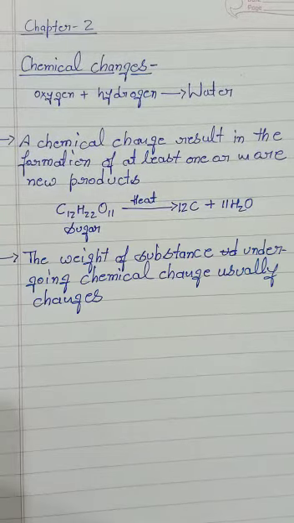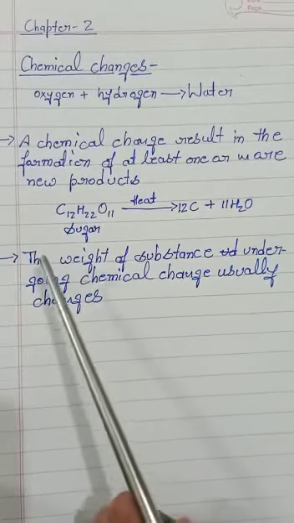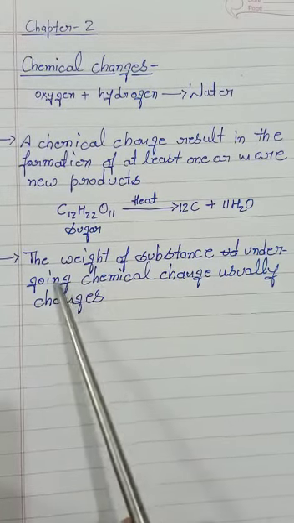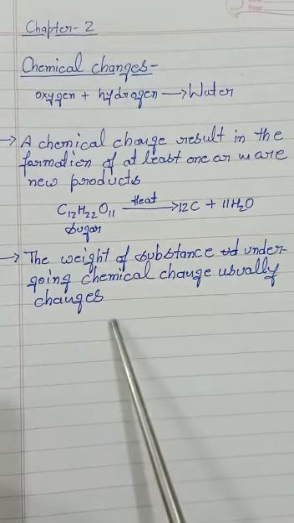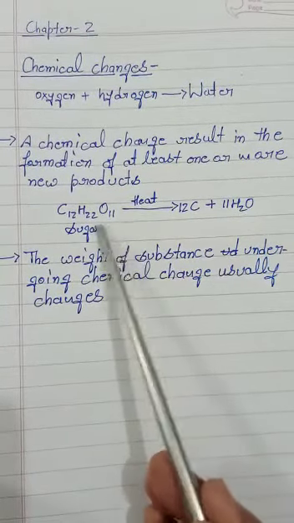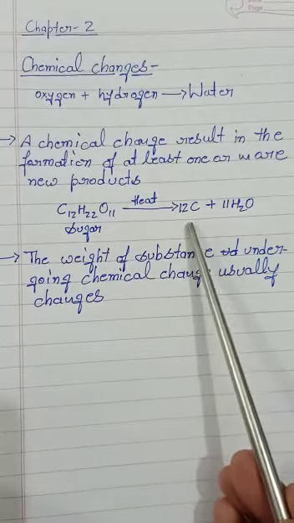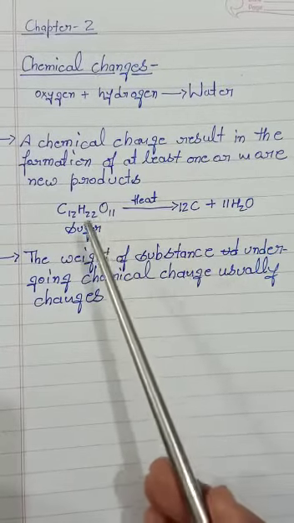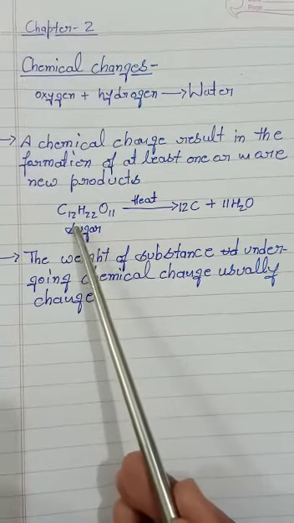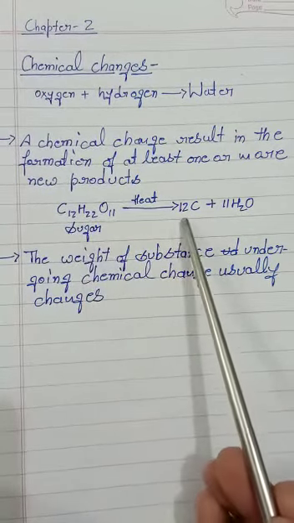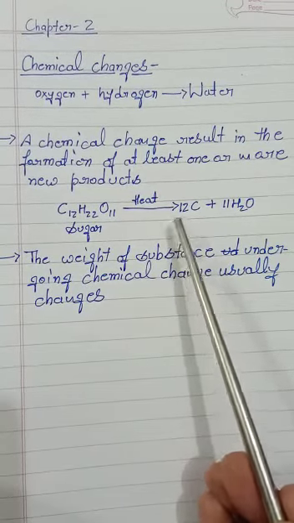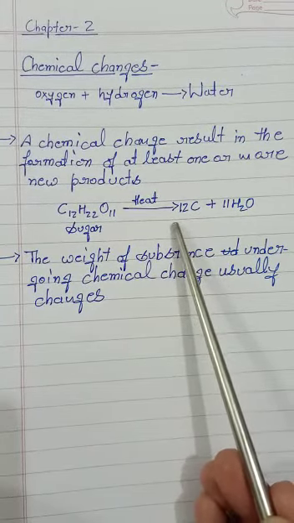Next point: the weight of the substance undergoing chemical change usually changes. From this example, during the heating of sugar, the weight of the black residue, this carbon residue, is far less than the actual weight of the sugar.